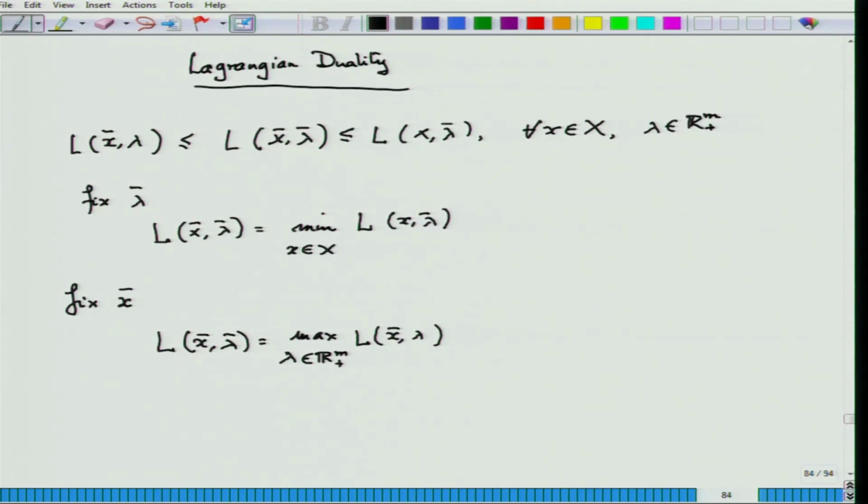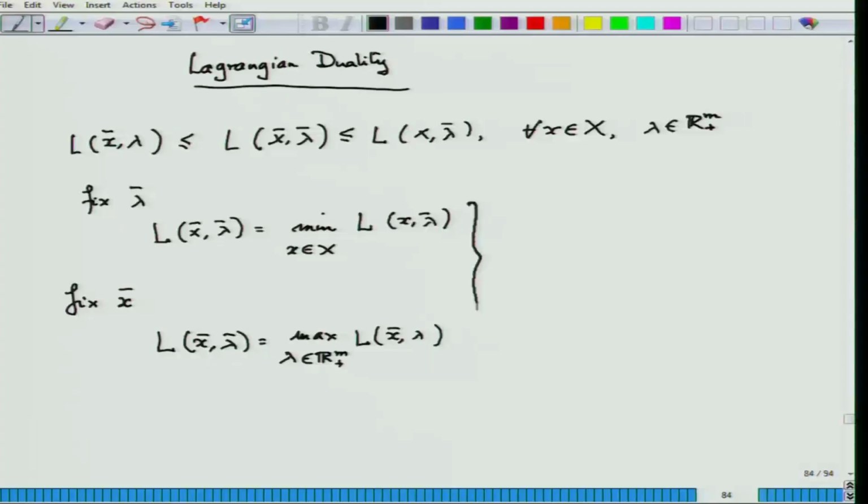So, if we were actually doing a minimization problem, how does a maximization problem always arise? How did a maximization problem come into the scene? So, the question is, behind every minimization problem, is there a maximization problem going on?